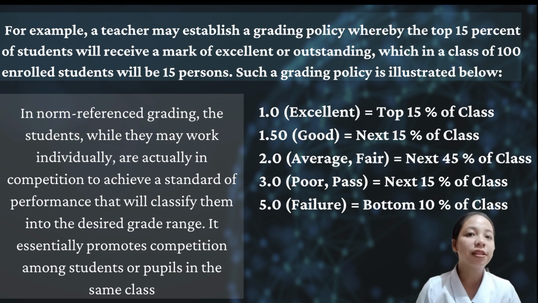In norm referenced grading, the students, while they may work individually, are actually in competition to achieve a standard of performance that will classify them into the desired grade range. It essentially promotes competition among students or pupils in the same class.